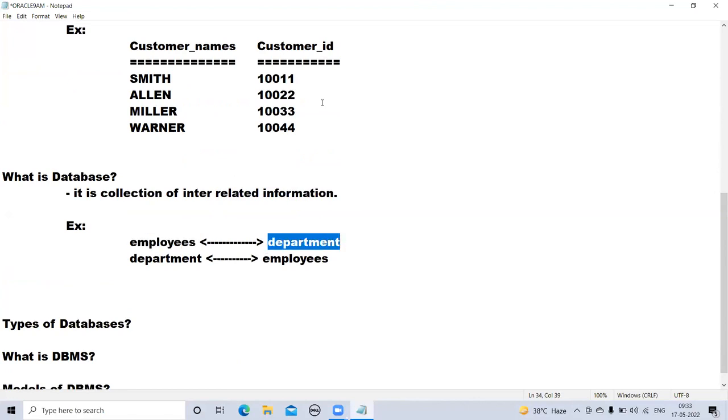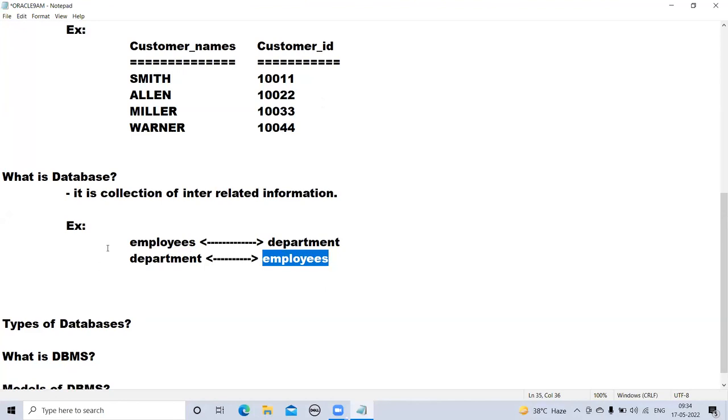Is it correct? Yes, definitely. In the same pattern, a department is nothing but a group of employees, and a group of employees is nothing but a department. So both depend on each other.